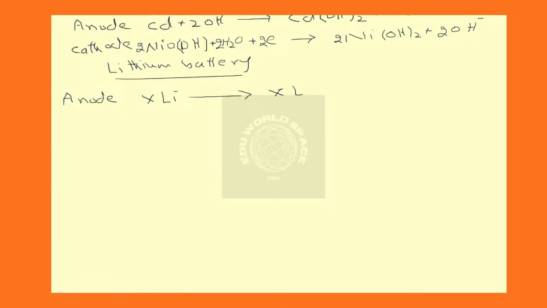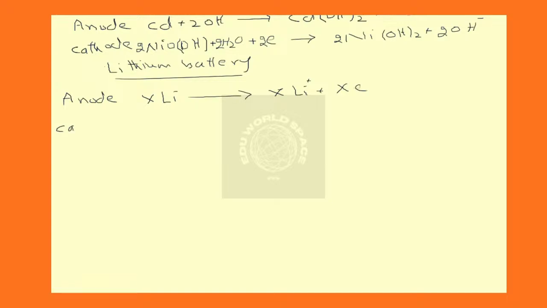In case of the lithium battery, at the anode, x number of lithium atoms oxidize into x number of lithium ions and give x number of electrons.